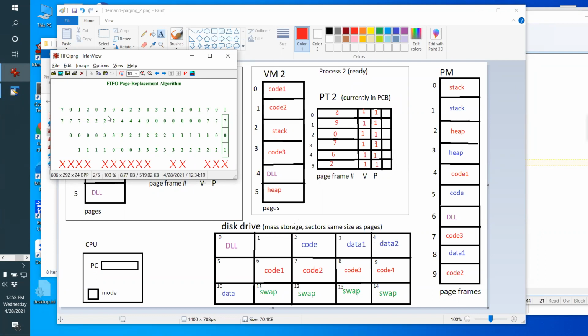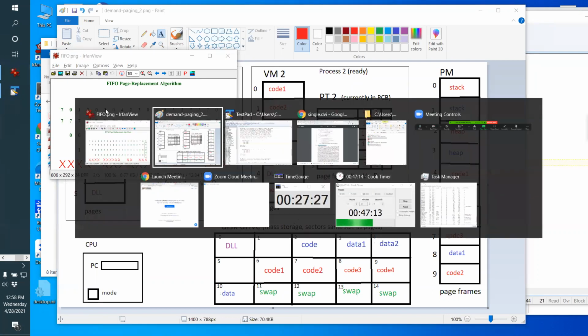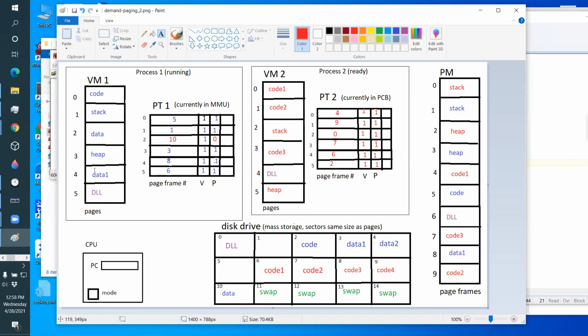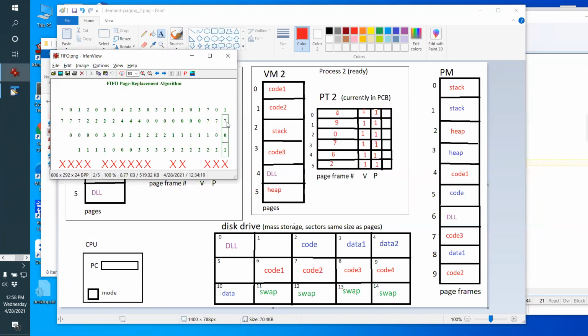Page 3, now remember, this is virtual. This is page 3 on the left-hand side. That's an actual page, the virtual pages. The columns here, the entries here, are the physical pages. Okay, so over here now, page 3 needs to be brought in because it's not in physical memory.